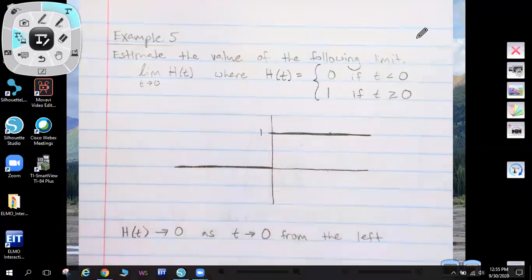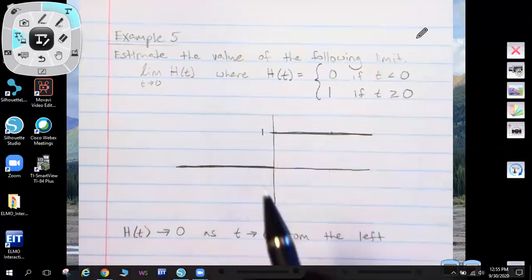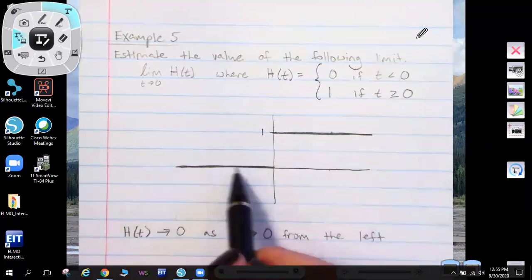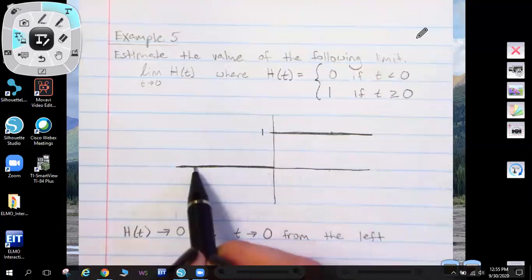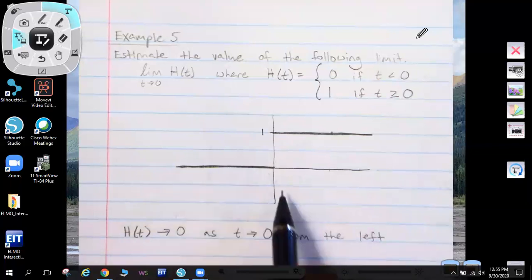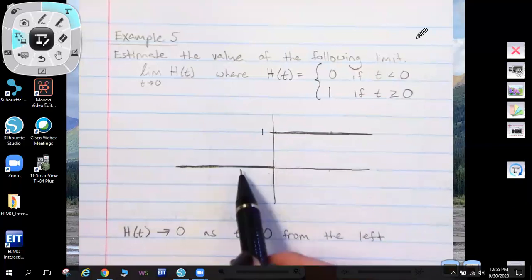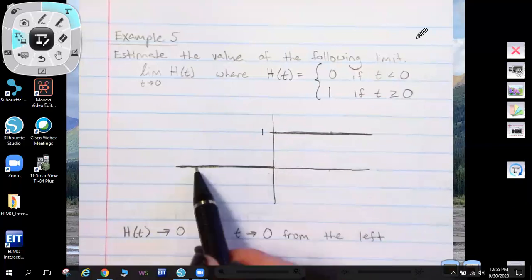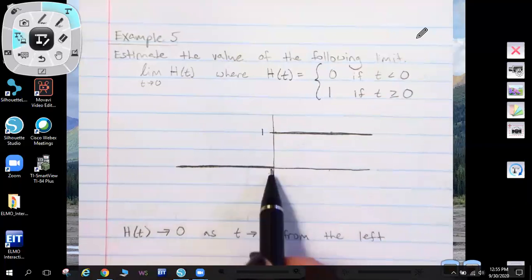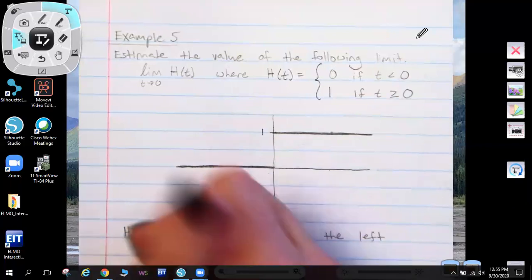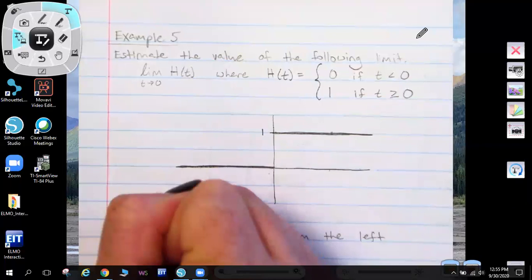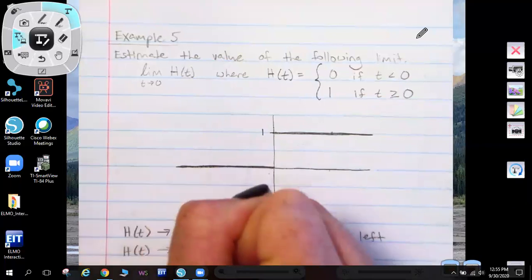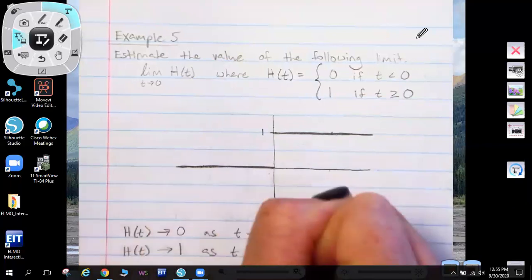Just a shorthand way of writing what we talked about, looking at this side of 0 as we get closer and closer to 0. So as our t values approach 0, our function values also approach 0. They stay on the x-axis here. Okay, h of t approaches 1 as t approaches 0 from the right.